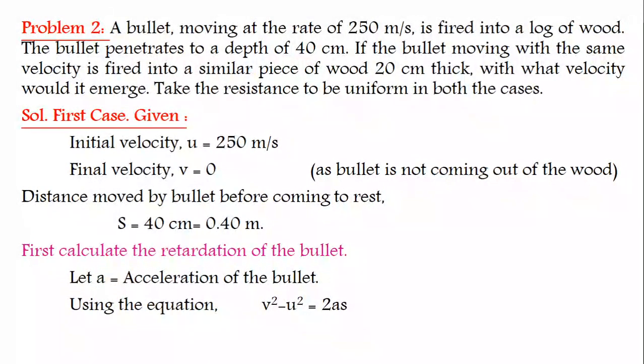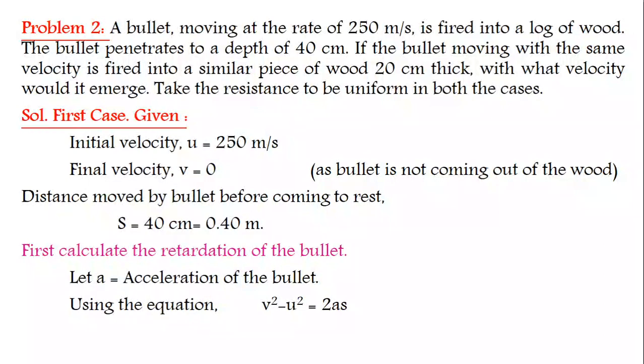A bullet moving at the rate of 250 meter per second is fired into a log of wood. The bullet penetrates to a depth of 40 centimeter. If the bullet moving with the same velocity is fired into a similar piece of wood 20 centimeter thick, with what velocity would it emerge?